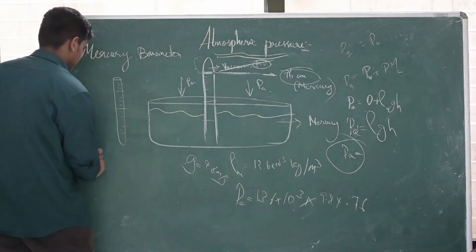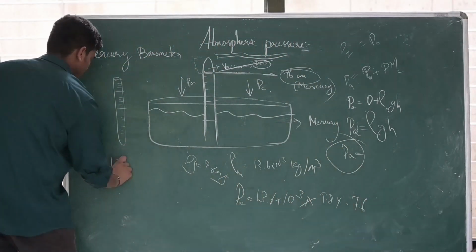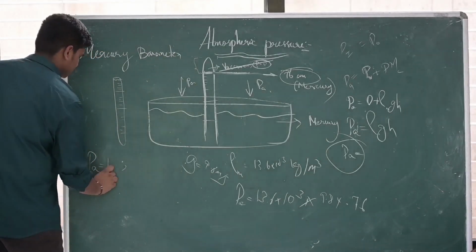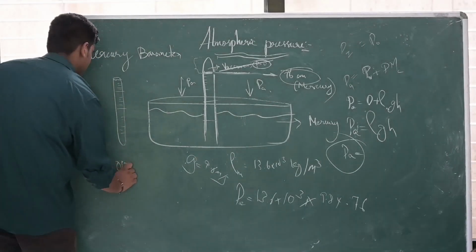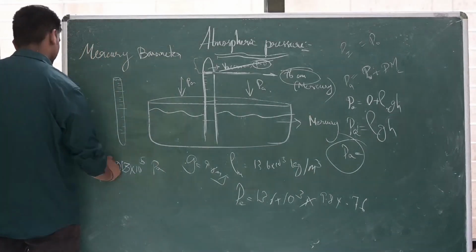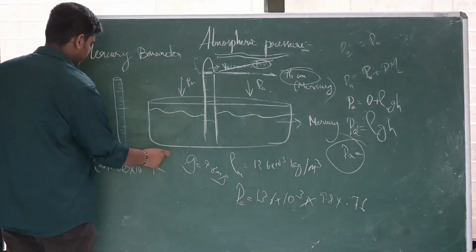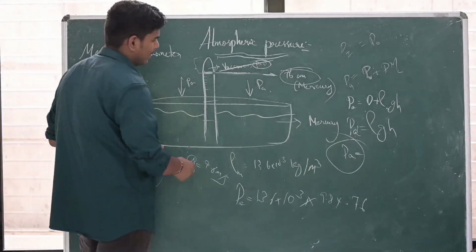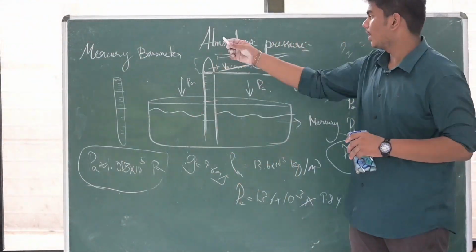This would result in pressure of atmosphere equal to 1.013 into 10 power 5 pascals. Okay, approximately 1.013 into 10 power 5 pascals. One device he used is the mercury barometer.